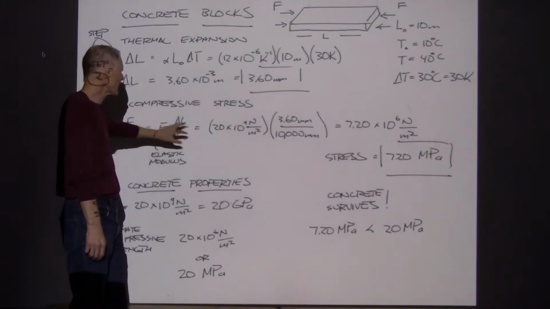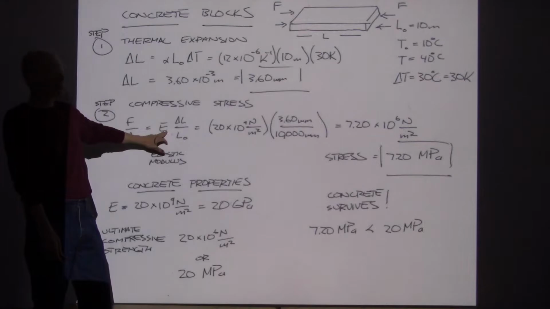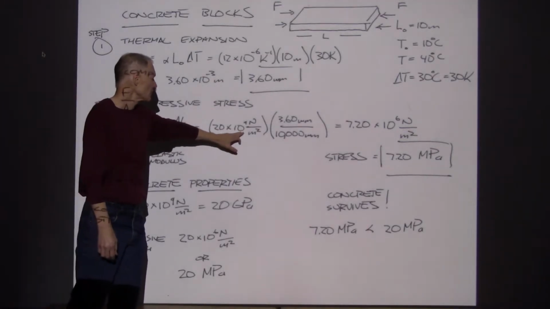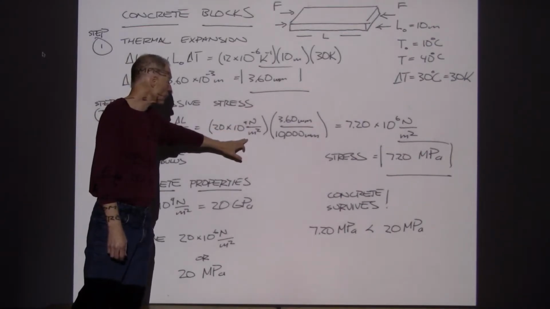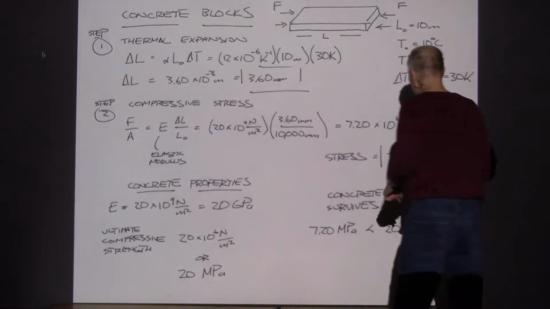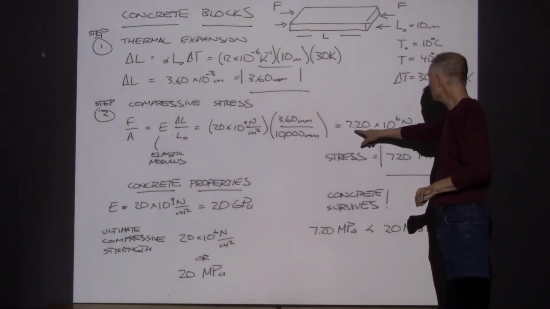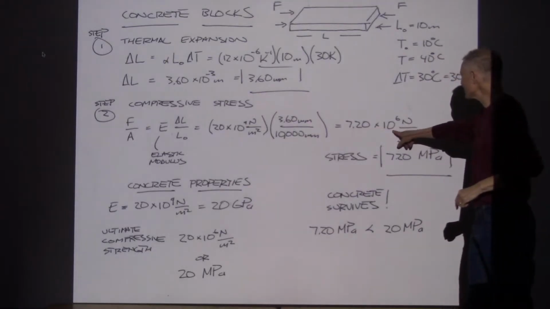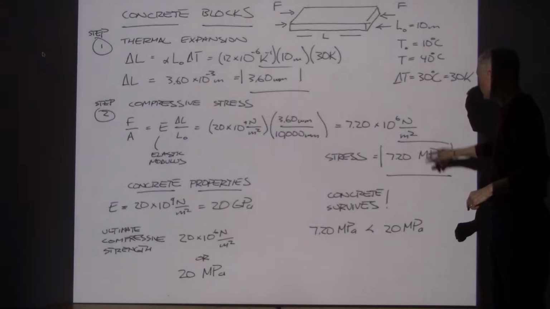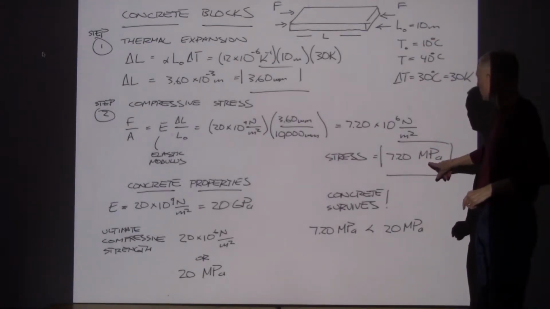Following the formulas there, I had to look up the elastic modulus for concrete, which I looked up as 20 times 10 to the 9th newtons per meter squared. Plugging into the formula, that gave us a compressive stress of 7.2 times 10 to the 6 newtons per square meter. So this is how much stress the concrete will be under.